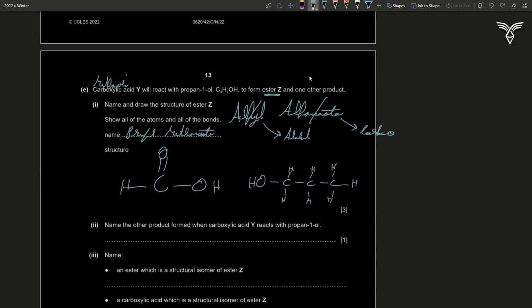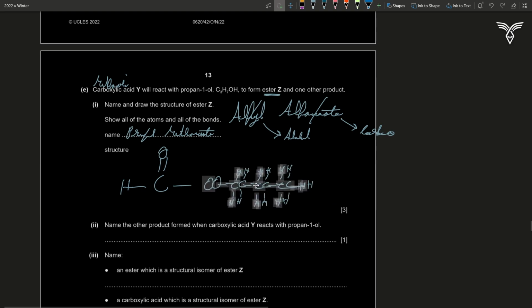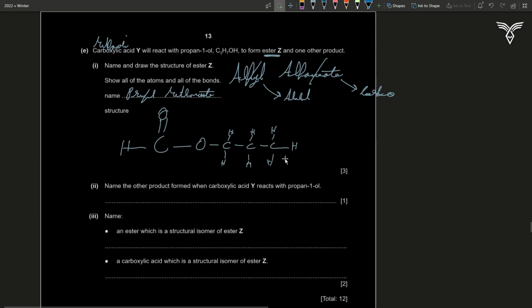So what happens when they become esters؟ بكل بساطة ال OH من الأسيد بتروح وال H من الأسيد بتروح and then they form H2O and that is eliminated as a product. فبكل بساطة ال OH بتروح وال H من هنا بتروح and I can just هاخد دولت حركهم هنا وبام you have your propyl methanoate ester.